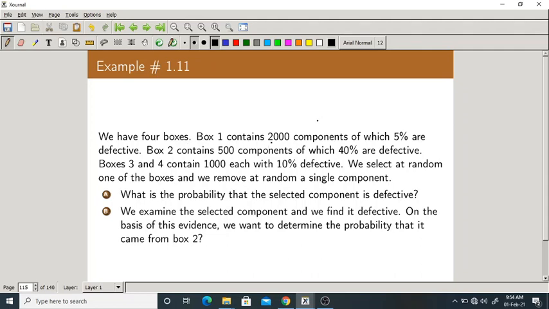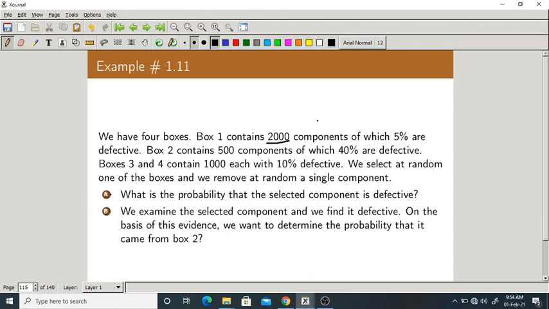Box 1 contains 200 components, of which 5% are defective. Box 2 this much is defective. Boxes 3 and 4 contain this much and 10% are defective. Select at random one of the boxes and we remove at random a single component. Okay, so we have four boxes. Randomly we remove one component from these four boxes.